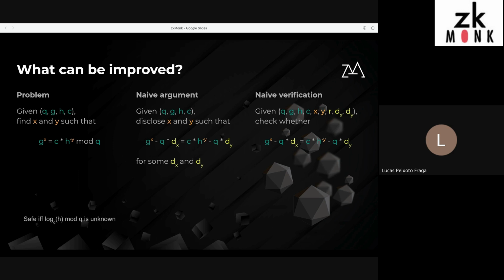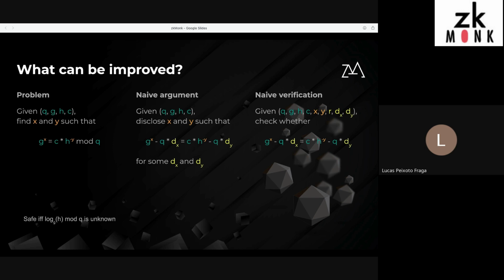First of all, it depends on the discrete logarithm being eliminated, deleted. Ideally, no one should even know this discrete logarithm, but we need to trust that someone didn't compute h as a power of g, because in this case it would know the discrete logarithm.